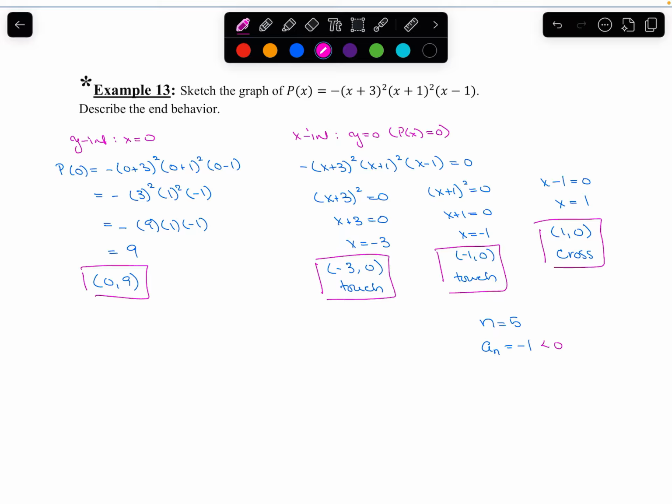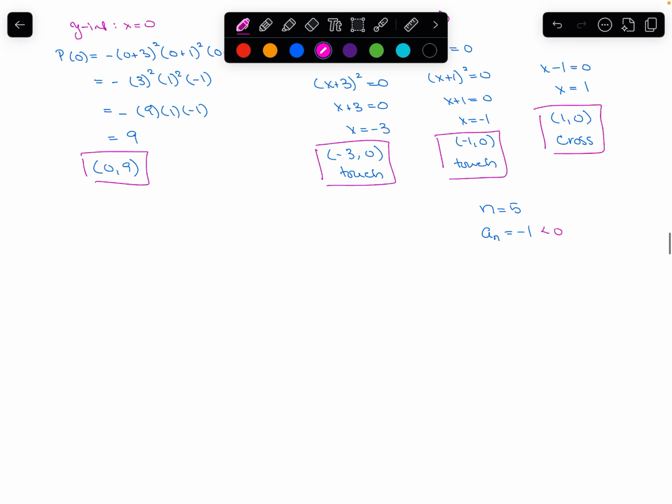So this implies that it tells me the end behavior of the graph based on these two things. Since we have an odd degree and a negative leading coefficient, we have a disagreement between infinities.